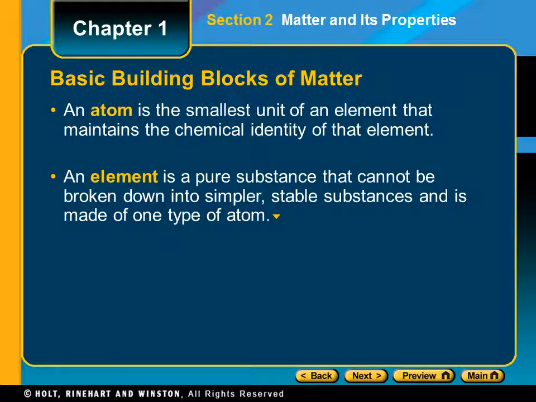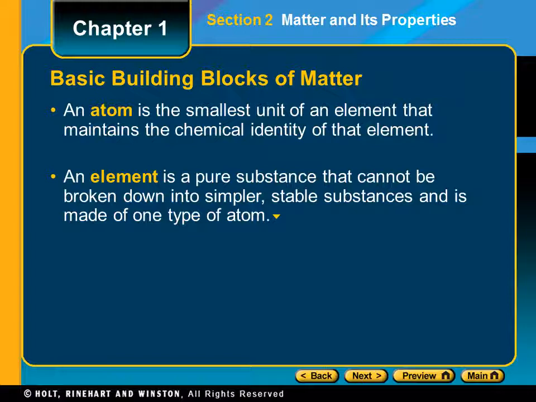When we talk about an element, we're talking about things that exist purely as atoms. And this is where we get into the periodic table of the elements. To define an element, we say that it's a pure substance that cannot be broken down into simpler, stable substances and is made of one type of atom. So gold is an element because you don't have two different things that come together to make gold.